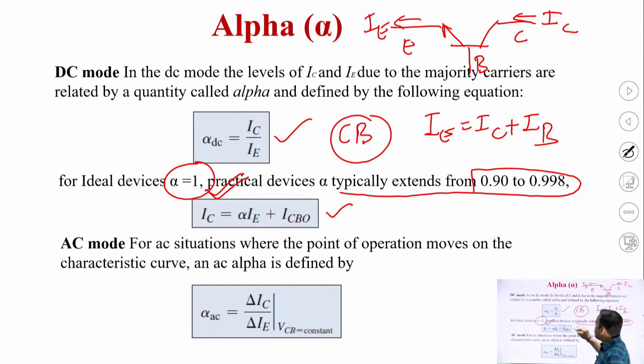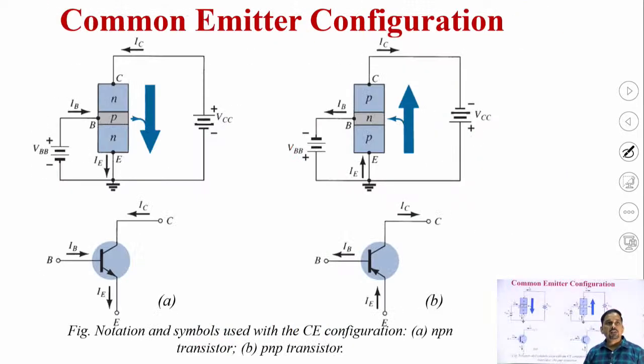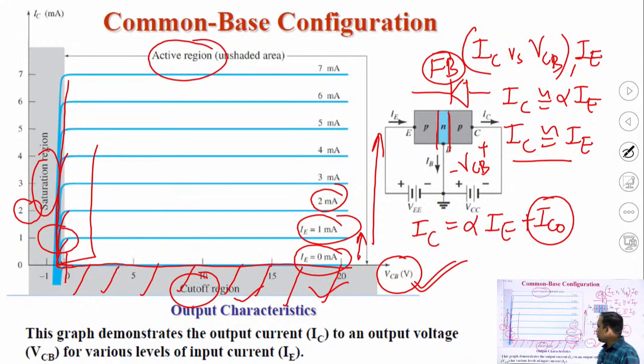This relationship we have also seen: the current is due to both majority charge carriers and minority charge carriers. So we have classified two types of gain: one is called DC gain and the other is called AC gain. AC gain means the change in collector current to the change in emitter current at a constant VCB. So we can also calculate the alpha AC values.